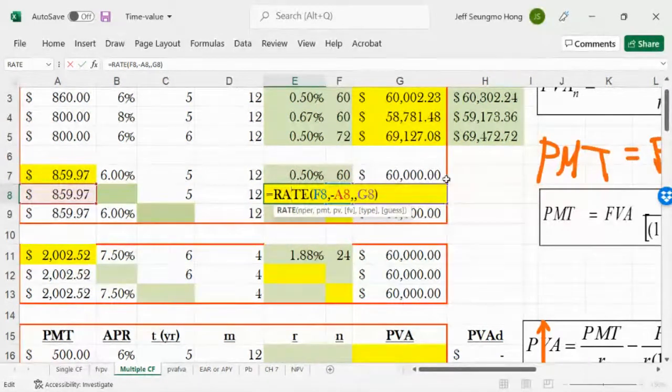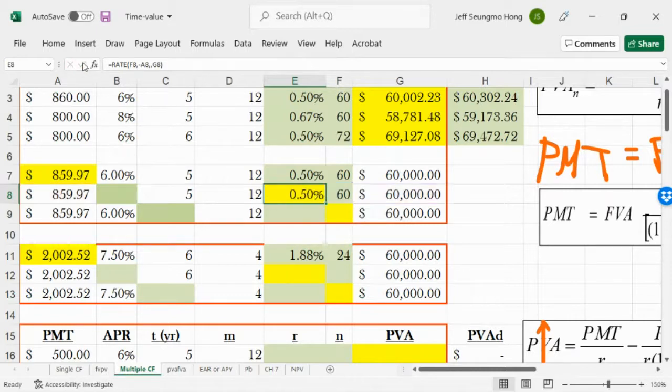At the end, you finally get 60K, which is cash inflow. So that makes the distinction between cash outflow and cash inflow, and only then will the financial calculator work. Otherwise, it's not going to work. So this way, we found it has to be 0.5% a month.